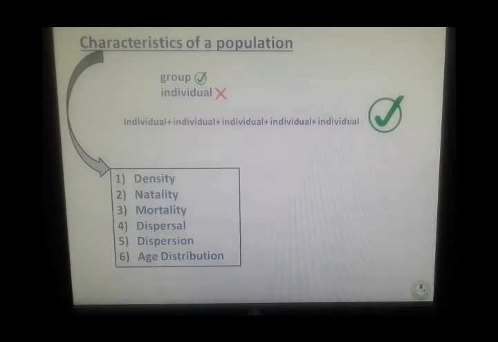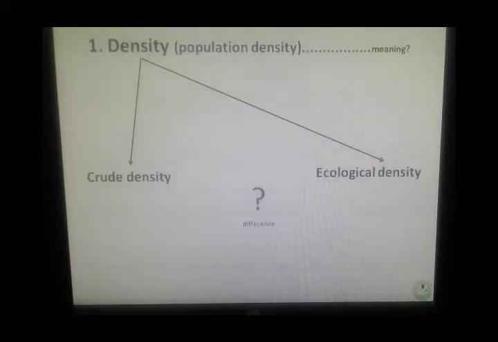One is density, then natality, that is the birth rate as I mentioned, then mortality, that is the death rate, then dispersal, I mentioned earlier that immigration, emigration and migration, and then dispersion, different dispersion patterns are there, and last one is the age distribution. Now let's discuss one by one.